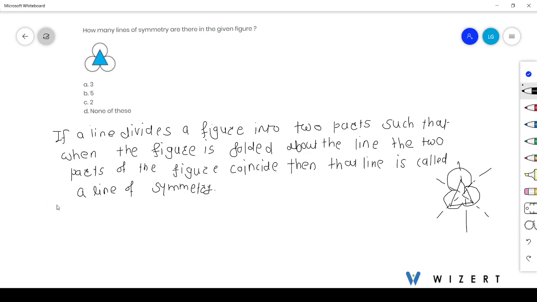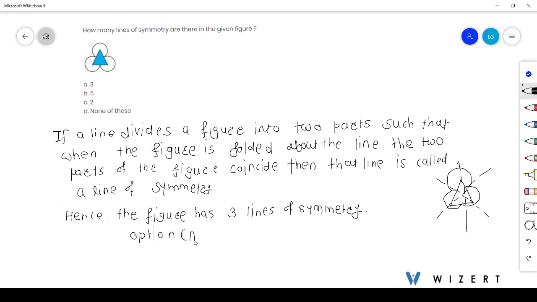Means the given figure has three lines of symmetry. So our correct option is option A.